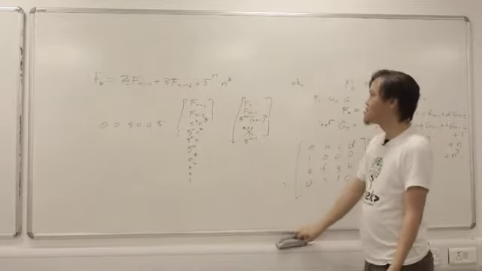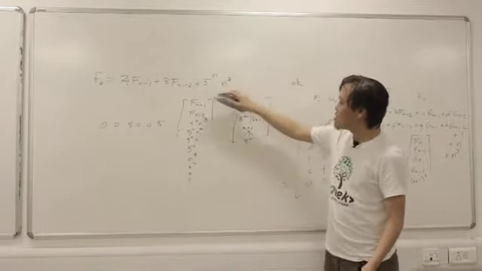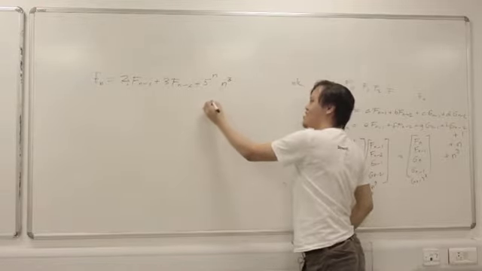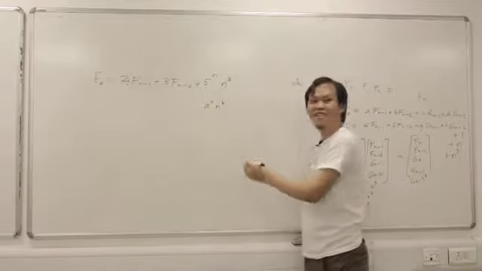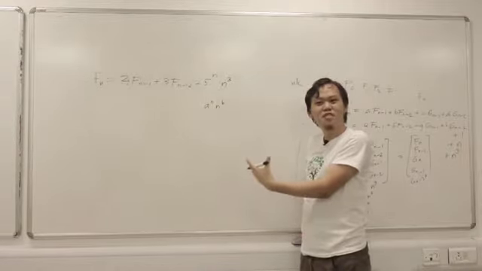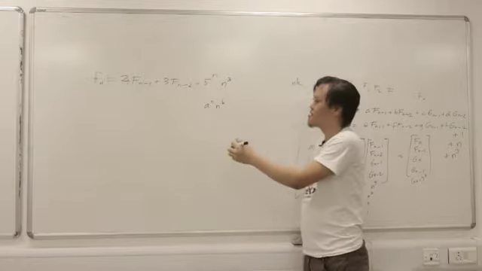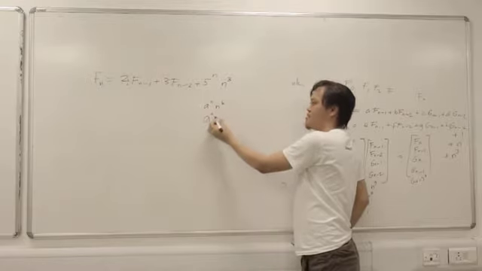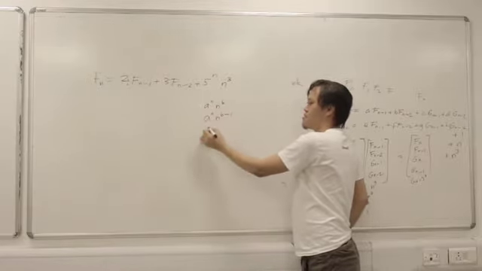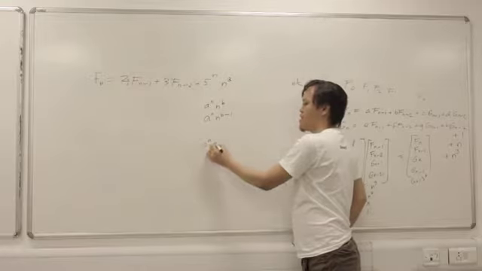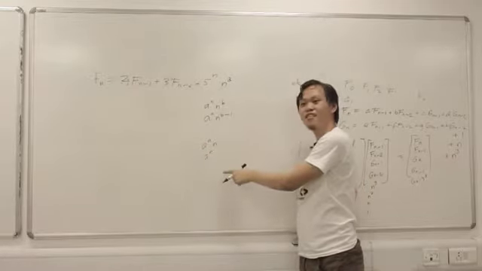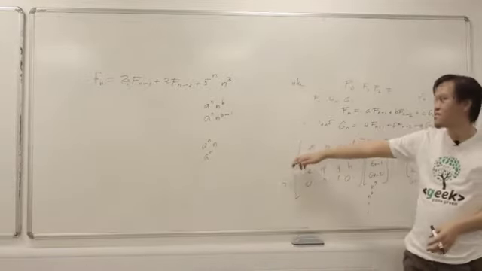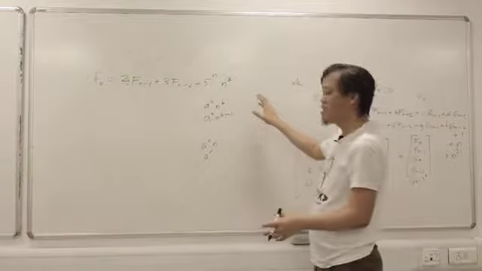So the main idea is, if you add something of the form a raised to n, n raised to b, what terms do you need to add in the column? a raised to n, n raised to b, a raised to n, n raised to b minus 1, all the way down to a raised to n. So the idea is really the same.